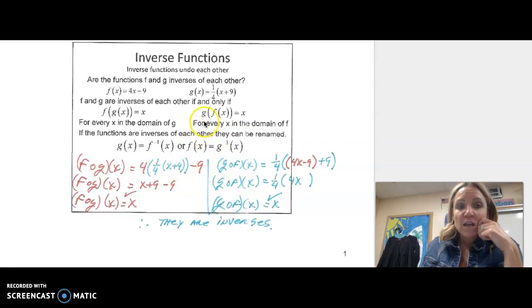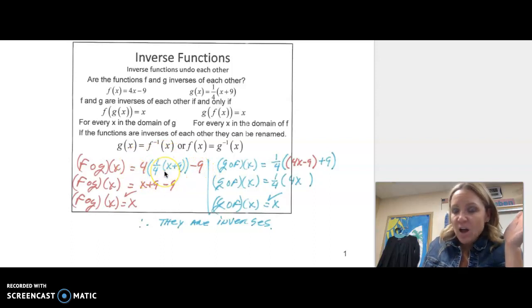You're going to take the g and plug it into the f. So that's the 1/4 times the x plus 9. We're going to plug that into x on the f function. So 4, here's all the x stuff, minus 9.